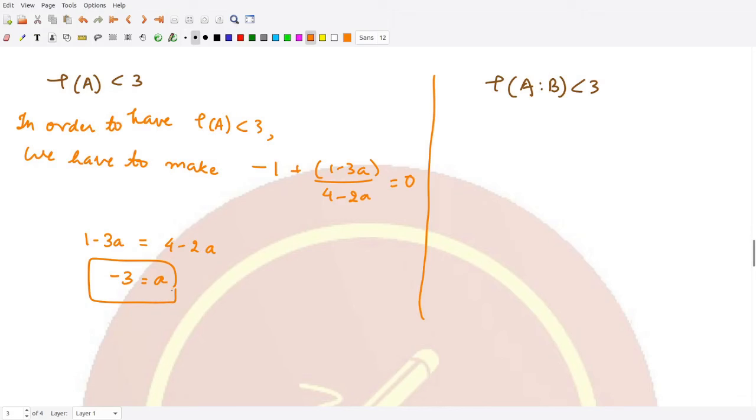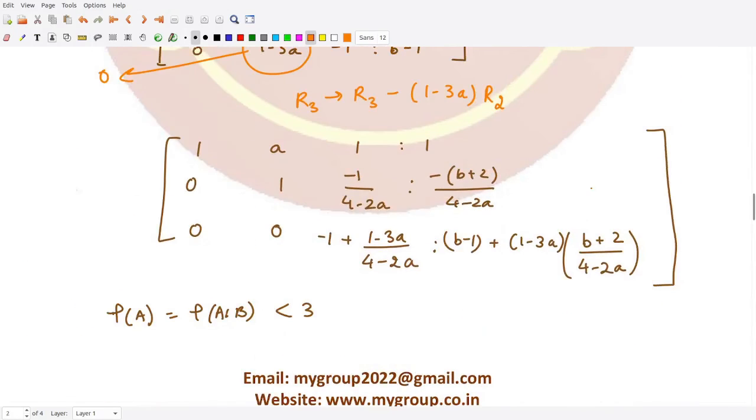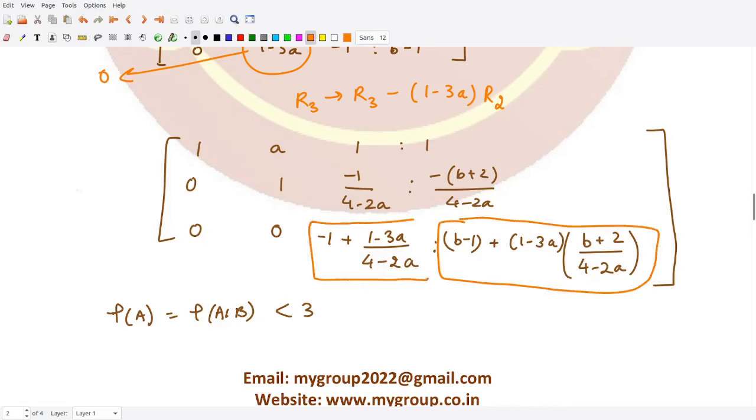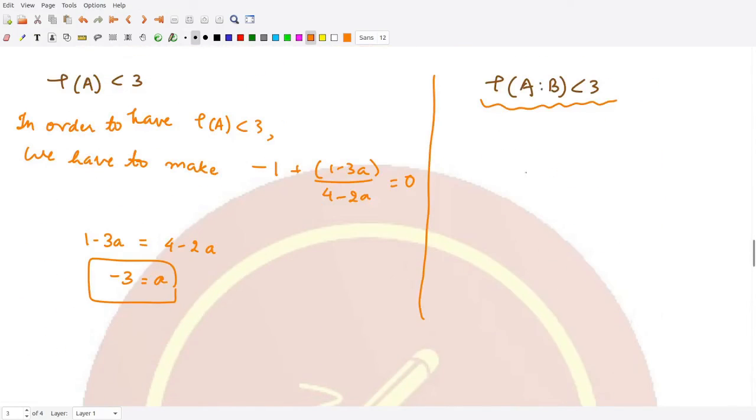So once you obtain the value of A as -3, now we also want our rank of A augmented B less than 3. How can we achieve that? Whenever this element is also 0 in addition to this element being 0. We have forcefully made this element 0, and now we are making this element 0 as well. So we will substitute the last element as equal to 0.